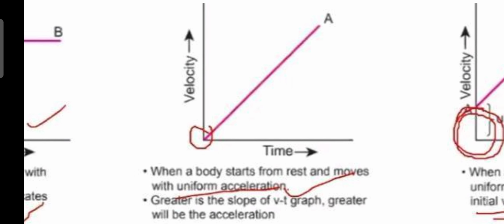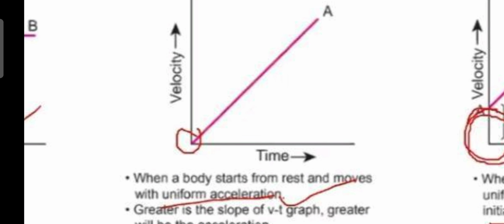Now second point, if the same question is asked in a different way, what is the shape of the graph when you draw the values for uniform acceleration having the increased acceleration? So from 0, that is at rest, the vehicle is started.